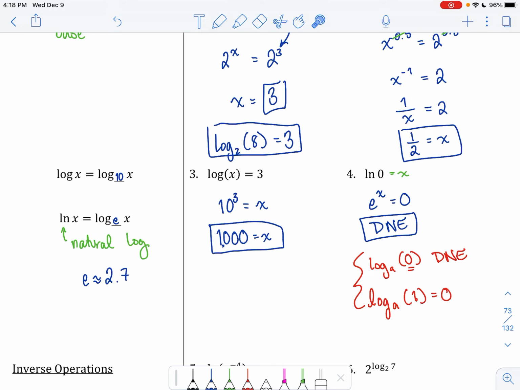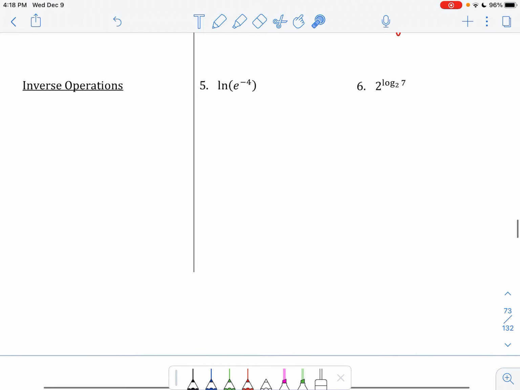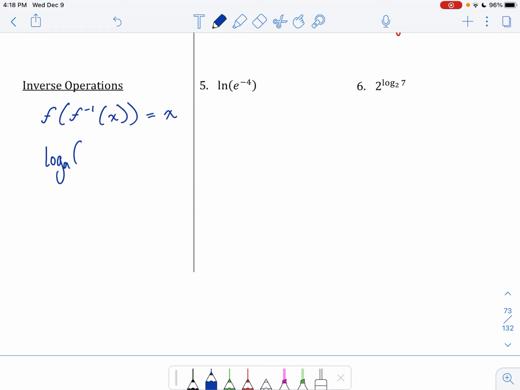Now, we like to think a lot about the base because they have inverse operations. So exponents and logs are inverses of each other. So if you remember inverses, this idea is that if f and f inverse, they cancel each other out. So this is always equal to x. Now, what's true here is that log base a of a to the x, these will cancel out as long as the bases are the same.